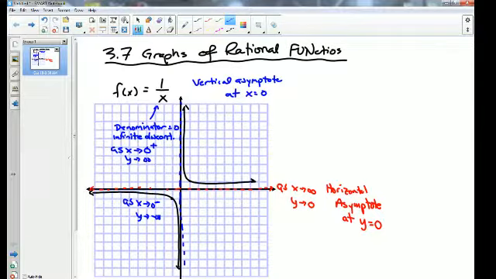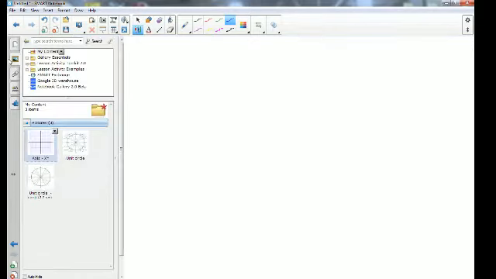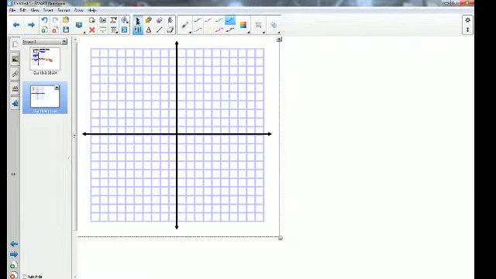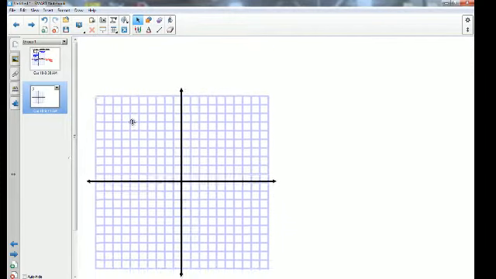Is it possible for that function to cross the x-axis? It does not. But we can build a child of that that does. Are we good with this? All right, moving on. Let's talk about another one.